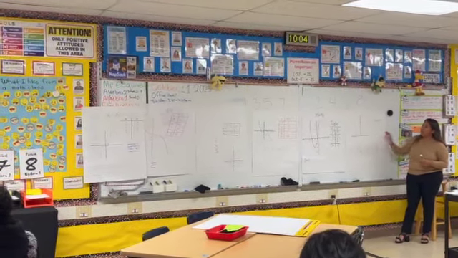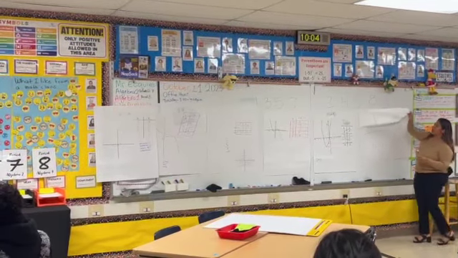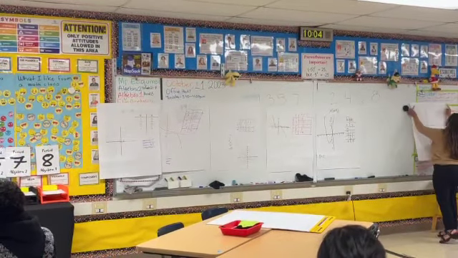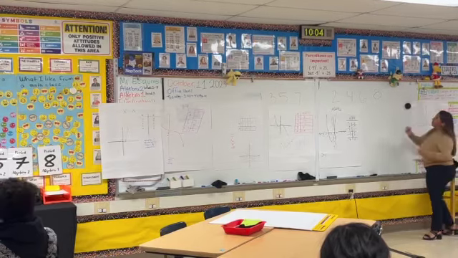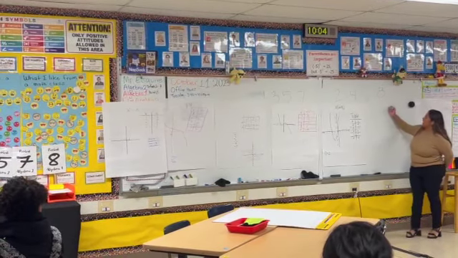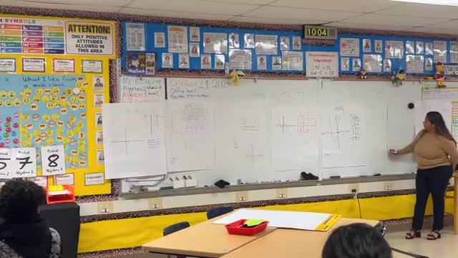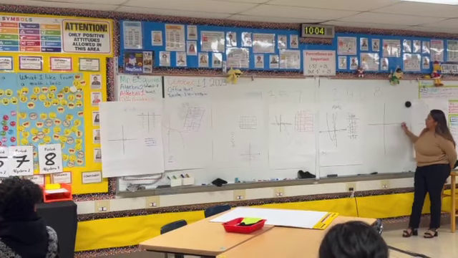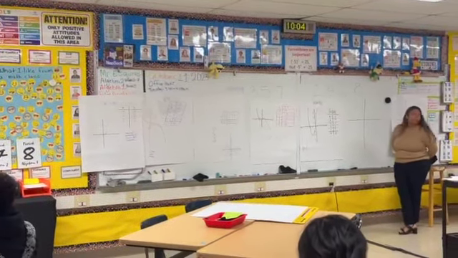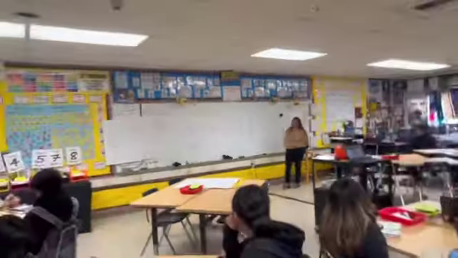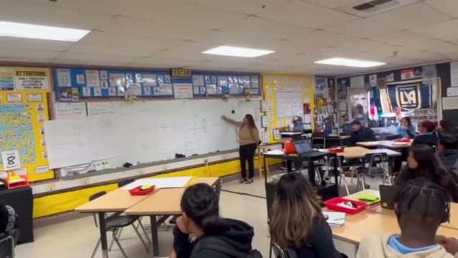So these are both positive. So what would my graph look like if I wanted to do this one negative? It would look upside down.